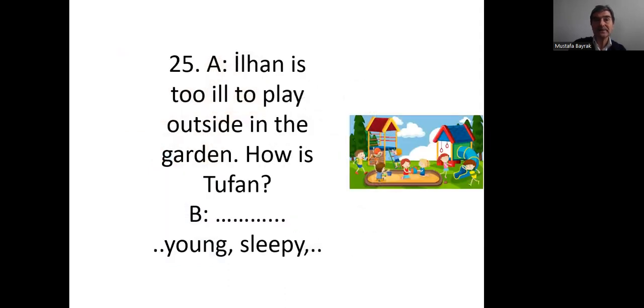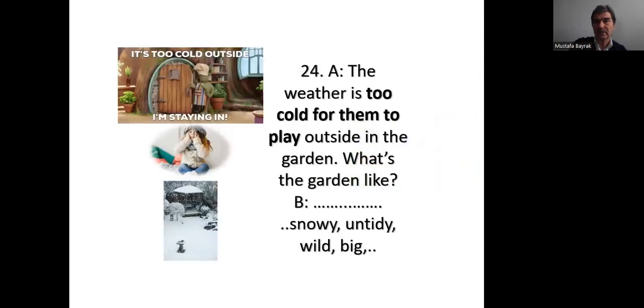25. Ilhan is too ill to play. It is very clear that for Ilhan there is no need to say for him, because we know the subject, Ilhan. But in the other sentence we don't know the subject: the weather is too cold for the children to play outside in the garden.